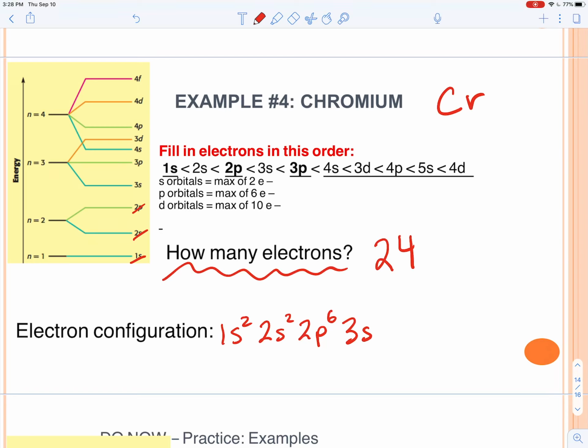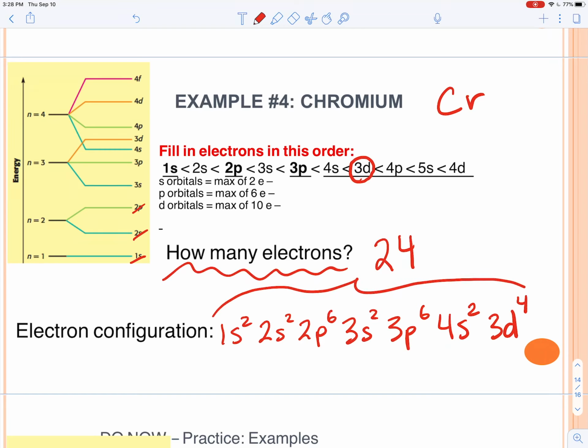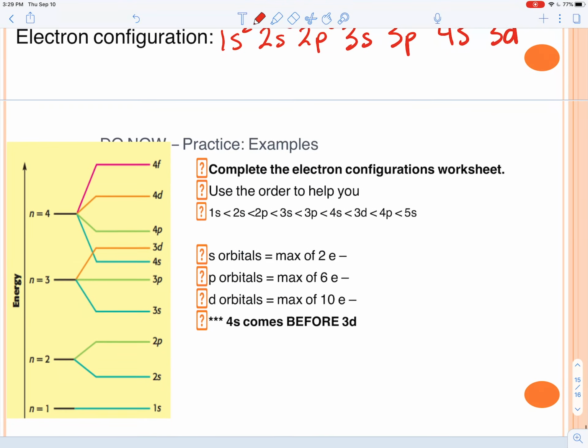And I'm placing these electrons in those energy levels. Okay, so right now I've got 20 electrons. I still have 4 more, and so after 4s is actually 3d. And the 3d orbital can hold up to 10. So that means I can put the rest of my electrons in there. And voila, this all adds up to 24. I can check my answer. And that's it. Go ahead and practice these on your own.